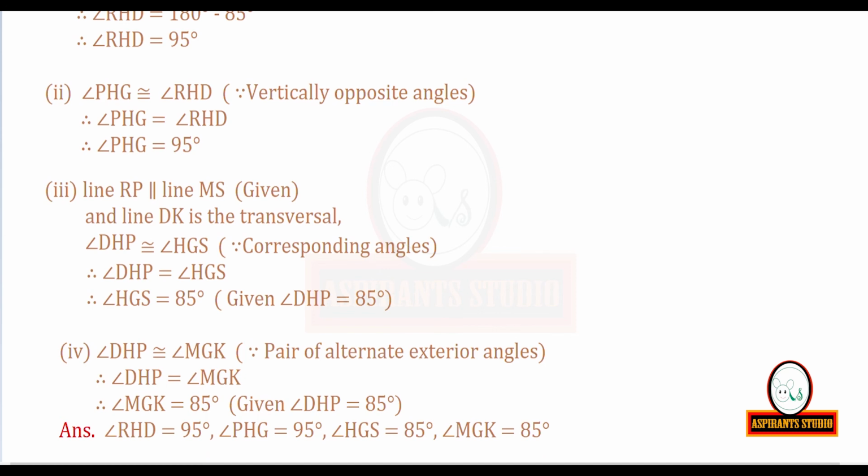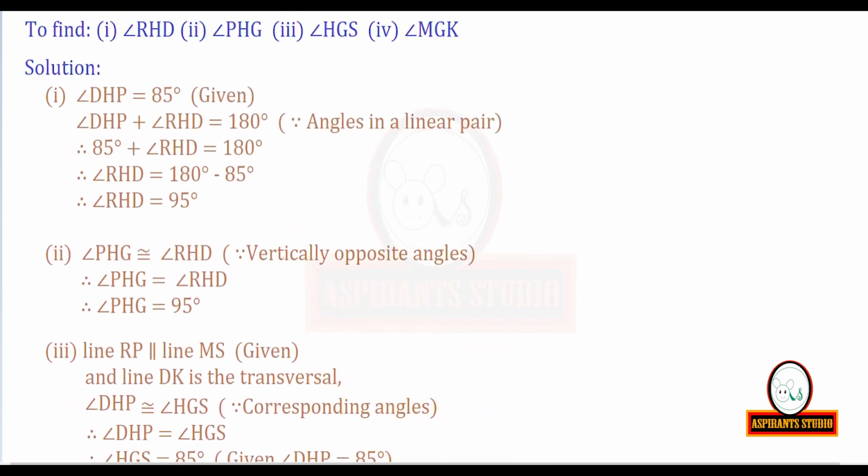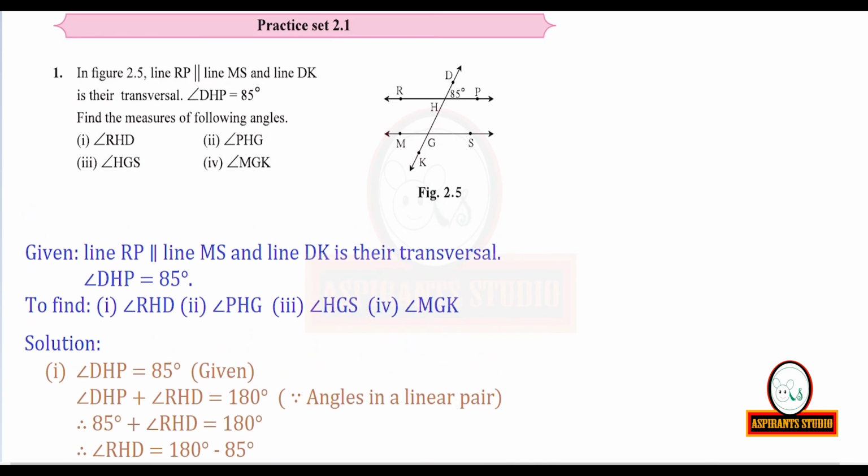Now coming to the fourth one. You can see the pair of alternate exterior angles here. Angle DHP and angle MGK are a pair of alternate exterior angles. Look at the figure and find out. So a pair of alternate exterior angles will be congruent because these two lines are parallel.